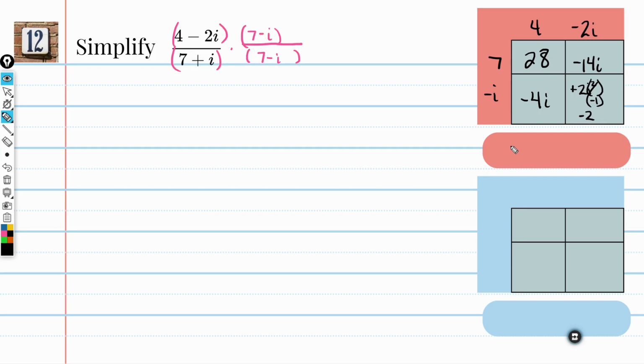So 28 minus 2 is 26. And negative 4I plus a negative 14I, when those two combine, gives us a negative 18I. And so my numerator is 26 minus 18I.